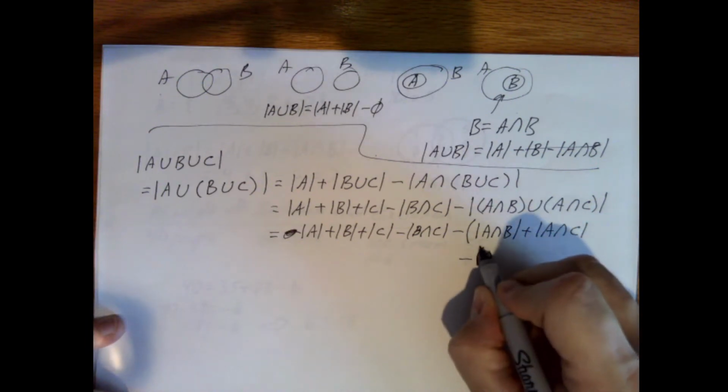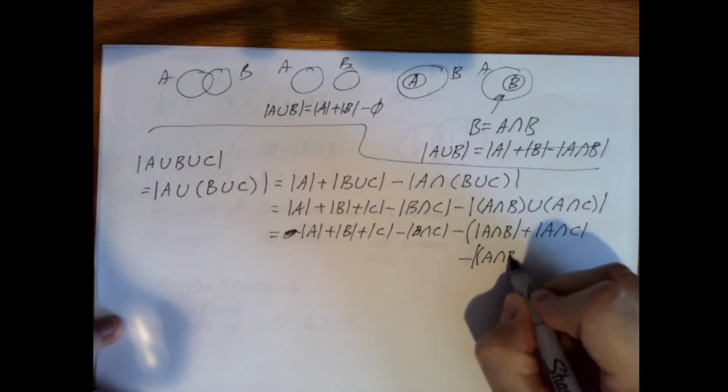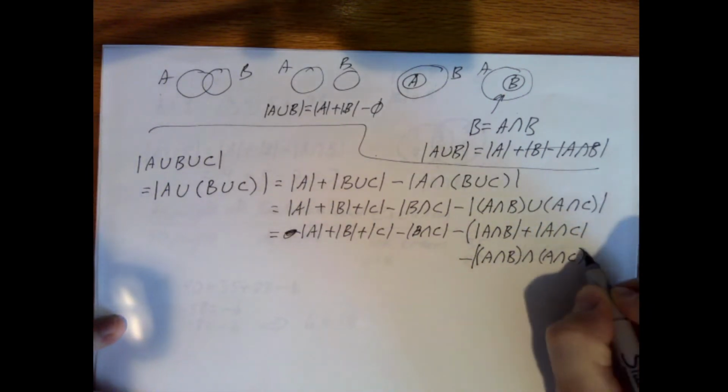And so this would actually be A intersected with B, intersected with A intersected with C.